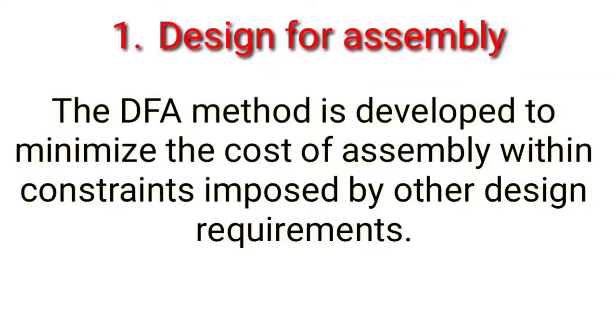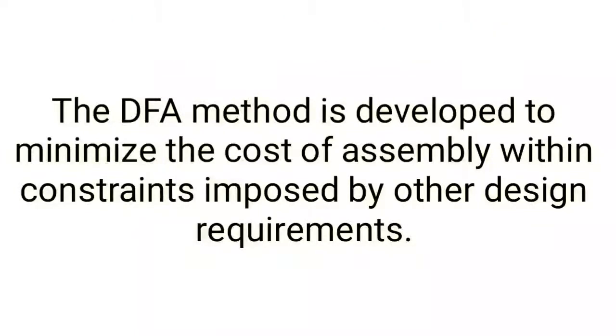The design for assembly method is developed to minimize the cost of assembly within constraints imposed by other design requirements. They are based largely on industrial engineering time study methods. This is done by first reducing the number of parts and then ensuring that the remaining parts are easy to assemble. And next is creative design methods.